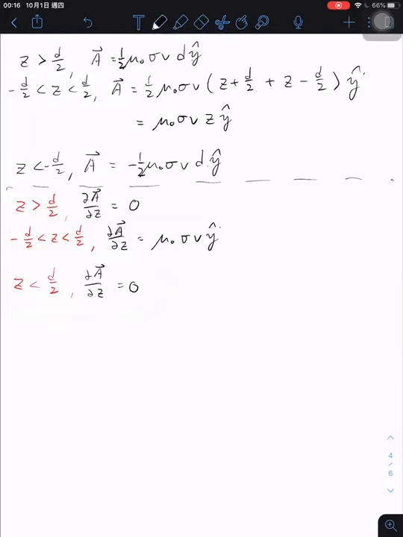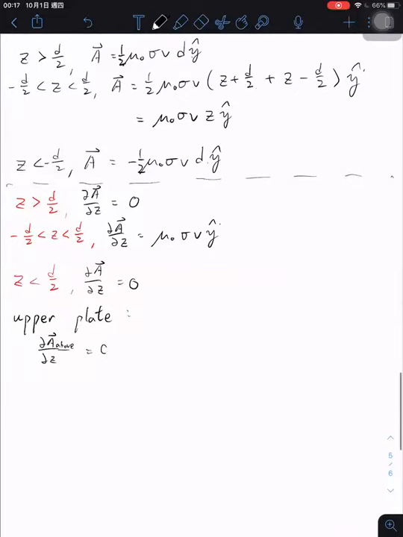So let's go back to the boundary condition and take a look at the second boundary condition. For the upper plate, the derivative of the vector potential above, A above, is 0, and for A below it is this term, because for the upper plane, the above region is z greater than d over 2, and the below region is the region in the middle of the two planes.